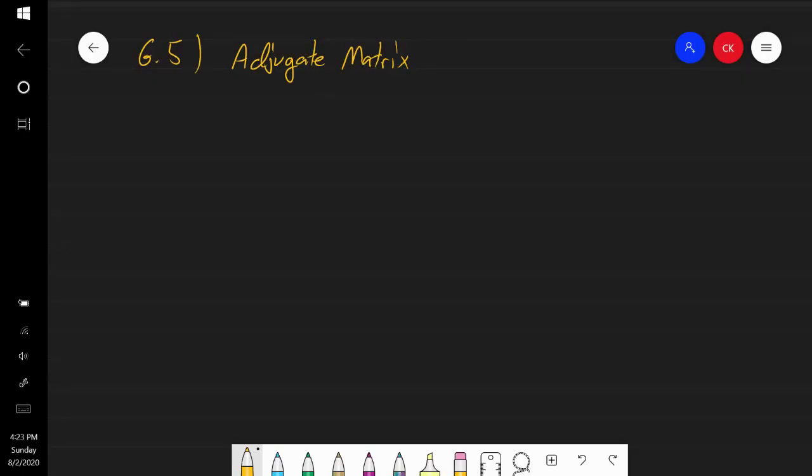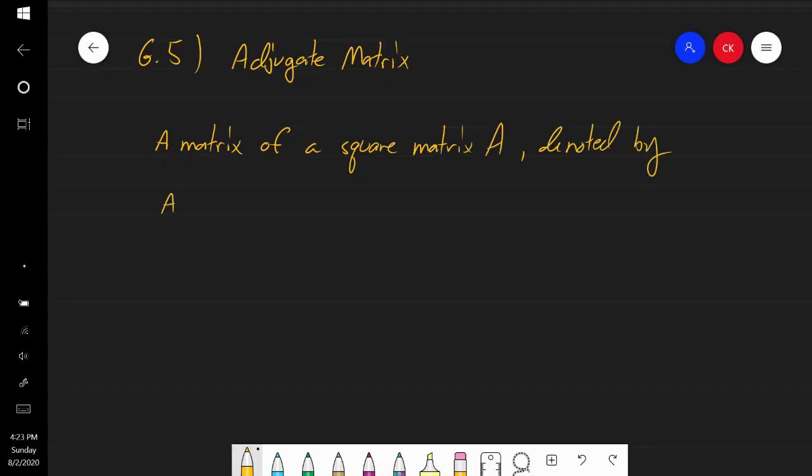The adjugate matrix, or adjoint matrix, of a square matrix A is denoted by adj(A), and it is C transpose, where C is the matrix of cofactors, and we'll have to figure out how to create that matrix.